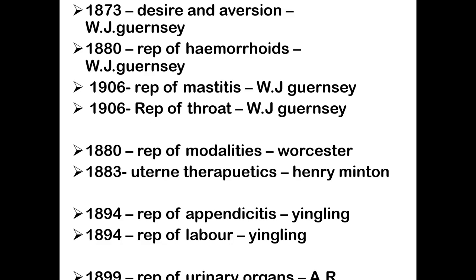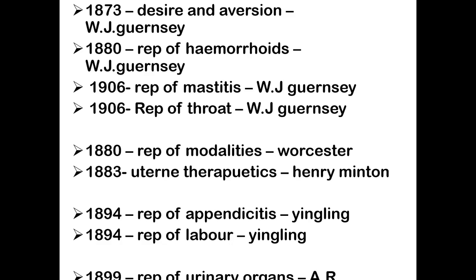We can learn it like this: by Master W.J. Guernsey, as we see on our screen, a total of 4 repertories. First, Desire and Aversion, Repertory of Hemorrhoids, Repertory of Mastitis, Repertory of Throat, given by W.J. Guernsey. So make it easy by using a column: these 4 repertories given by W.J. Guernsey in the year 1873, Desire and Aversion.